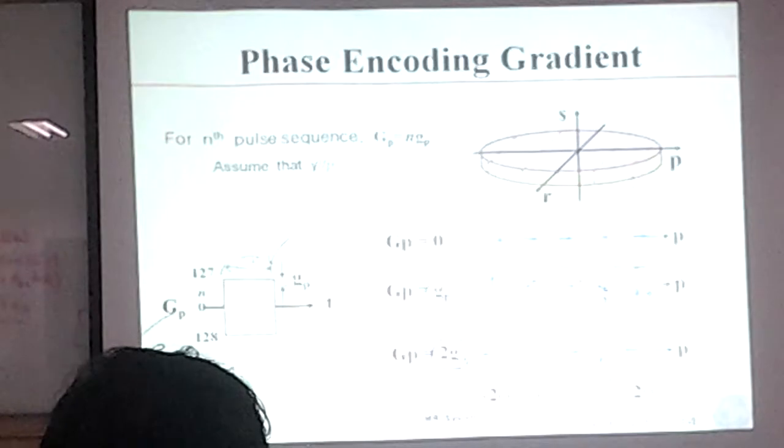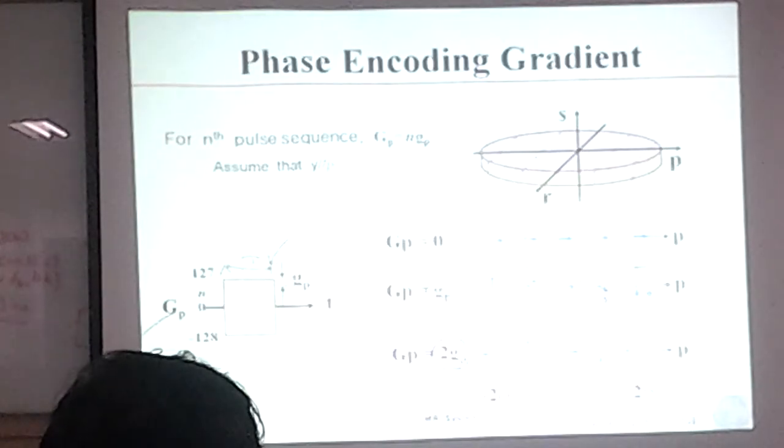For the center position, the phase does not change because the magnetic field strength is always the same for any gradient strength. But the other positions have variation of magnetic field strength and the phase changes.